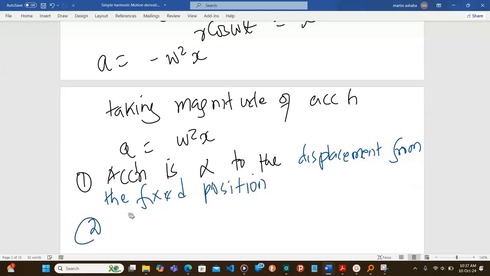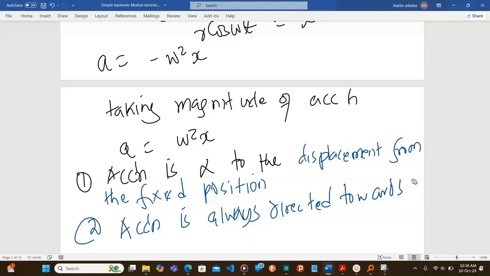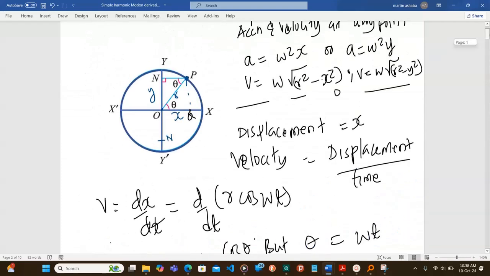And two is that this acceleration is always directed towards the mean position. That's all. So in the next video, we're going to be looking at an example on how to apply this. Thank you.